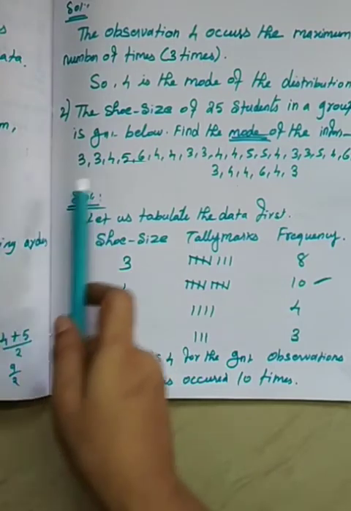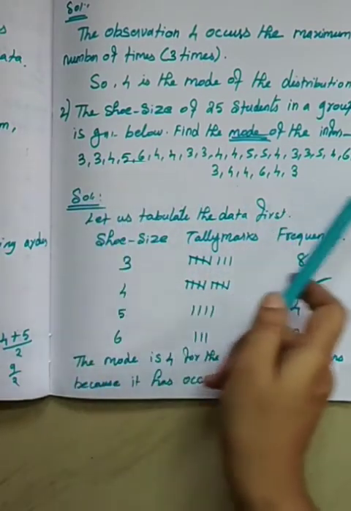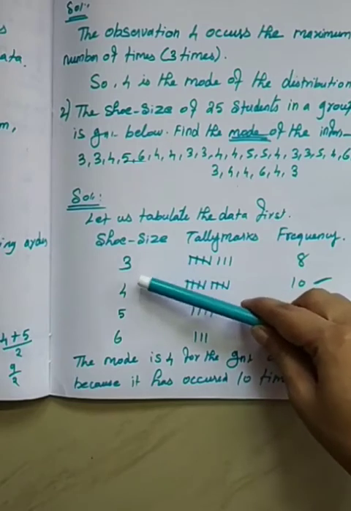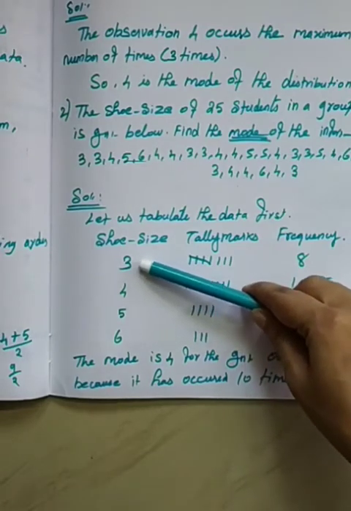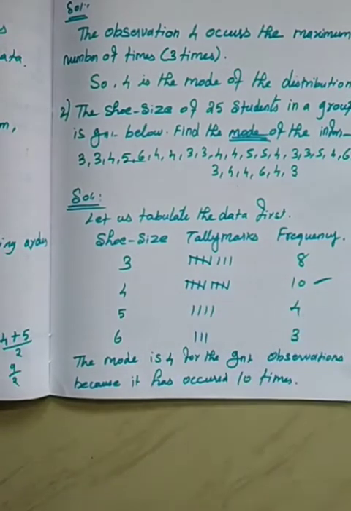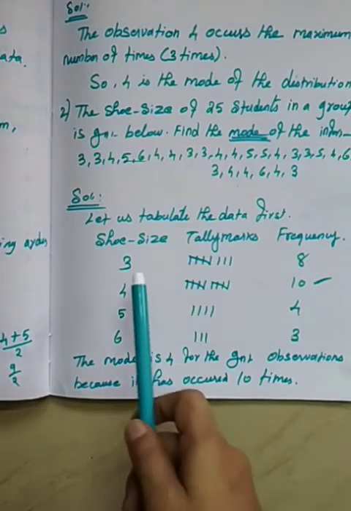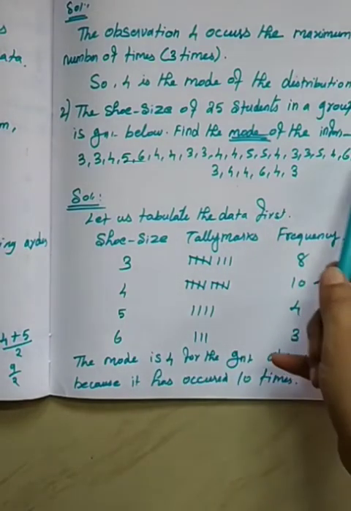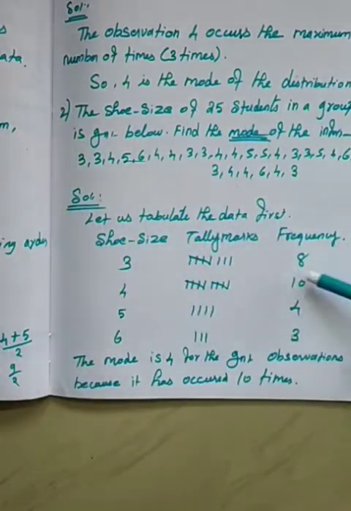The shoe sizes are 3, 4, 5, 6 only. Then find the tally marks from the given data. Count how many times 3 appears: 8. 4 appears 10 times, 5 appears 4 times, 6 appears 3 times.